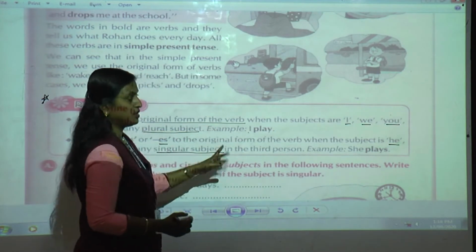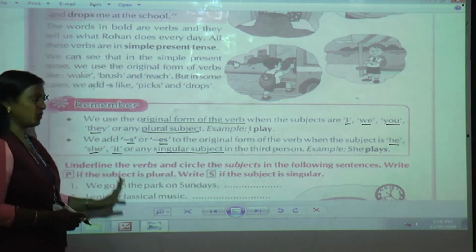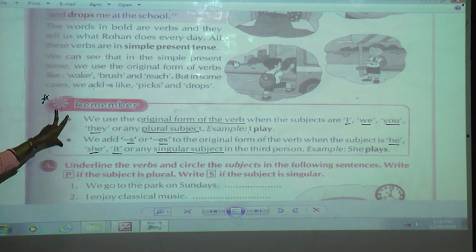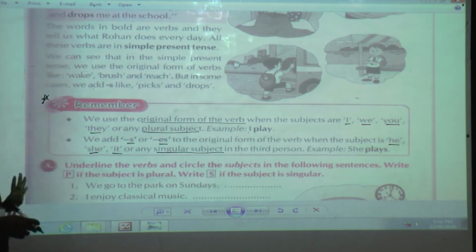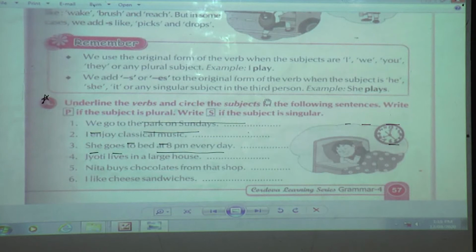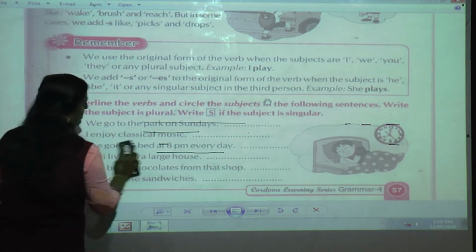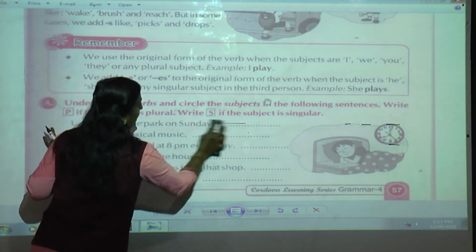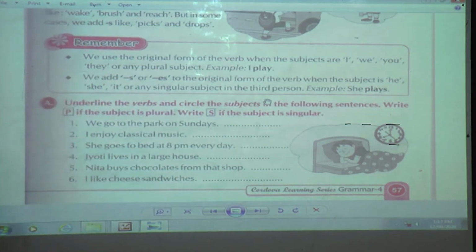When you keep this in your mind, then only you will be able to solve the full exercise, and on this basis only this full lesson is there. I hope that you have underlined. What is the example given over here? She plays. Now we are going to solve the exercise. Ready, students? As this is a big lesson, we will go first.